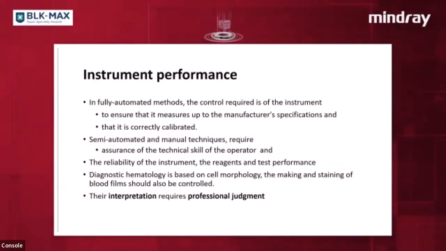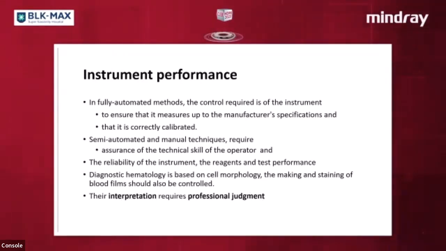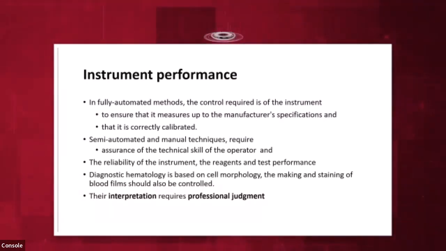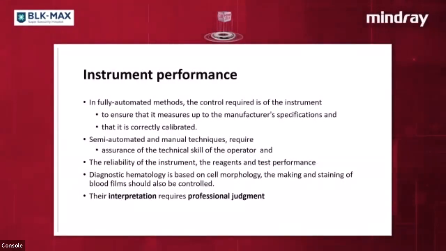So, in fully automated equipment, control is required of the equipment to ensure that it measures up to the manufacturer's specifications and that it's correctly calibrated. There are, however, smaller labs which use semi-automated equipment where assurance of technical skill of the operator, the reliability of the reagent, and the test performance are equally important.